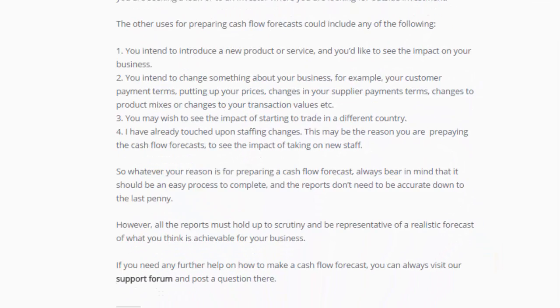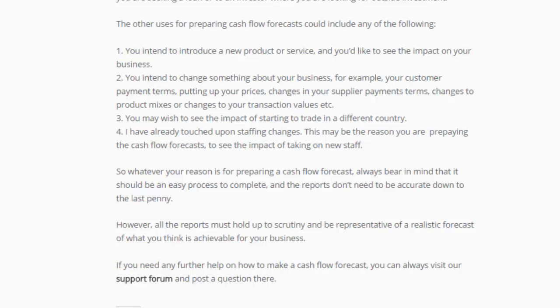So whatever the reason is for preparing cash and profit forecasts, I think the overriding message I want to get across is that the whole process should be easy. It's very easy to get bogged down in the complexities of preparing spreadsheets without stepping back and making sure that the most important aspect is getting the forecasts themselves correct, making sure you have the figures on the right reports and including the right amounts.